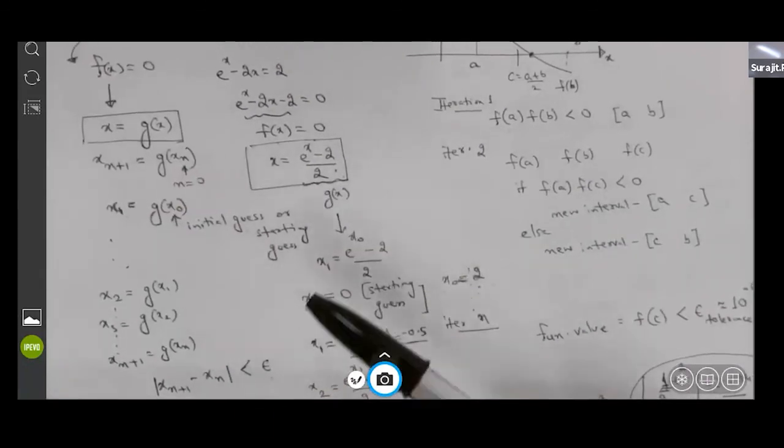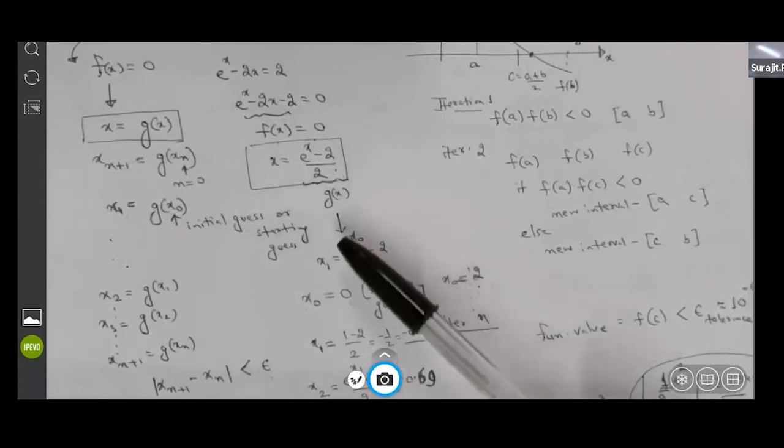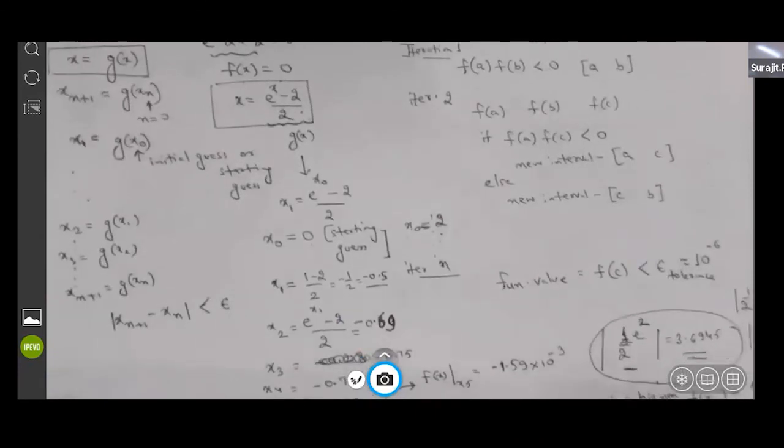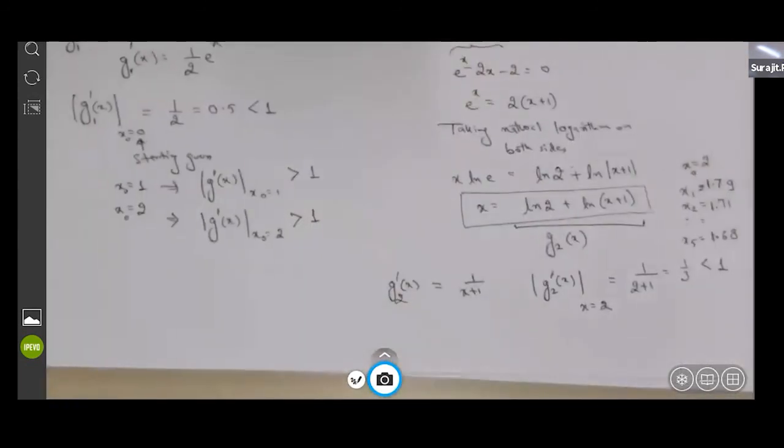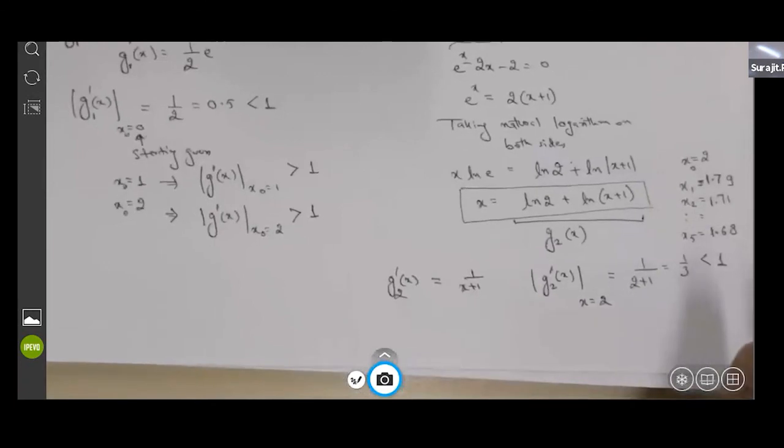To make sure that g of x is converging, you check that g prime of x, the derivative of g of x at that starting value, is less than 1. That basically completes our discussion on the fixed point iteration technique.